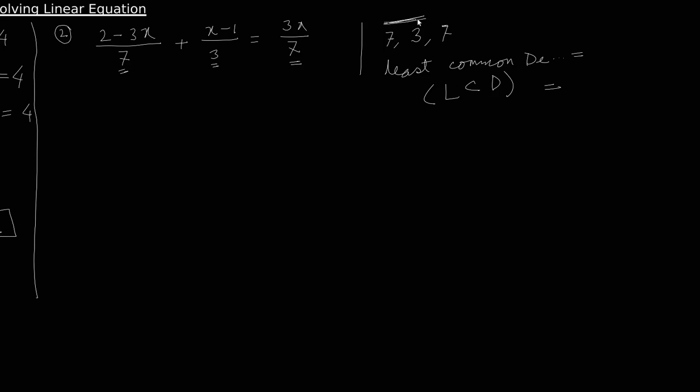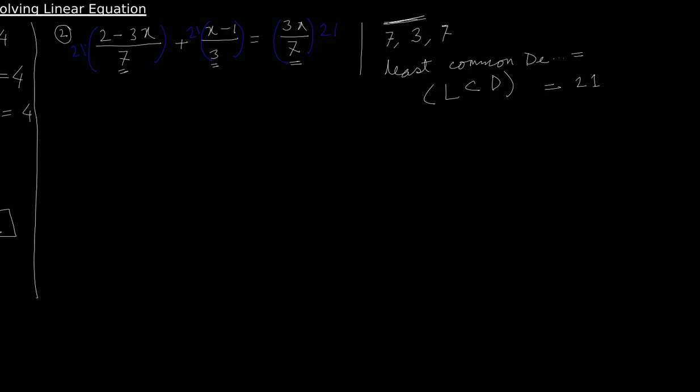There is nothing common, so it will be the multiplication, which is 21. Once I have this 21, I am going to multiply all of the left hand side and right hand side by 21. So I multiply this portion by 21, and also this portion by 21, and also this portion by 21.